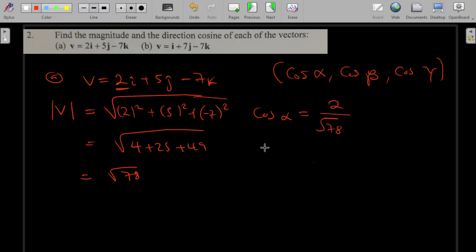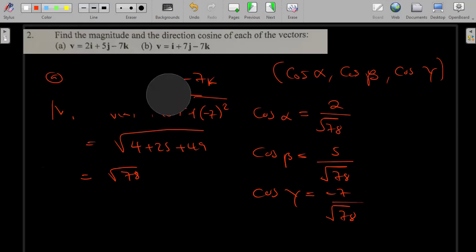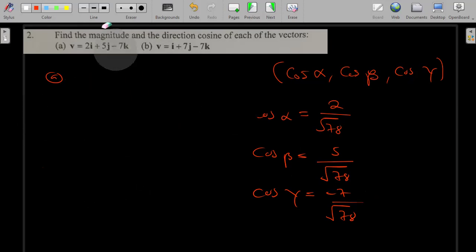Then for the next one, which is cos beta, I'm just going to get the second one, 5, then I divide by my magnitude again, root 78. I do the same for the next one, which is gamma. Then I'm just going to get negative 7 over root of 78, like that. So now my final answer is going to look something like this.